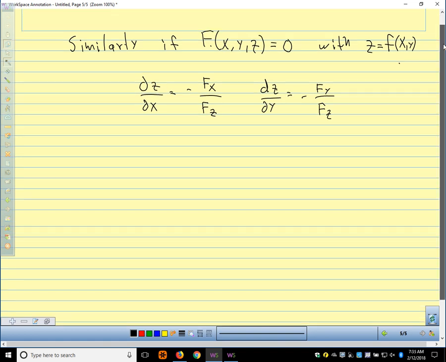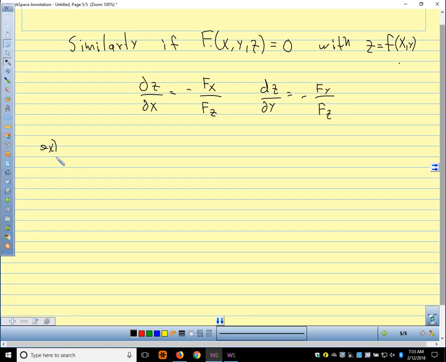All right, let's look at a couple of examples. Let's find the partial of w with respect to s and the partial of w with respect to t.